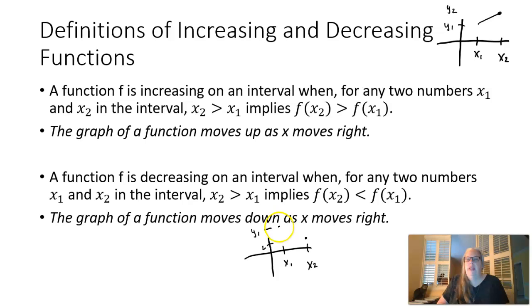We can say that this function is decreasing when x2 is bigger than x1, but y2 is smaller than y1. We can see the picture of it and know that it's going downhill and that it is in fact decreasing. And then right here we have the way that you might say it to somebody else rather than having the technical math definition for it.